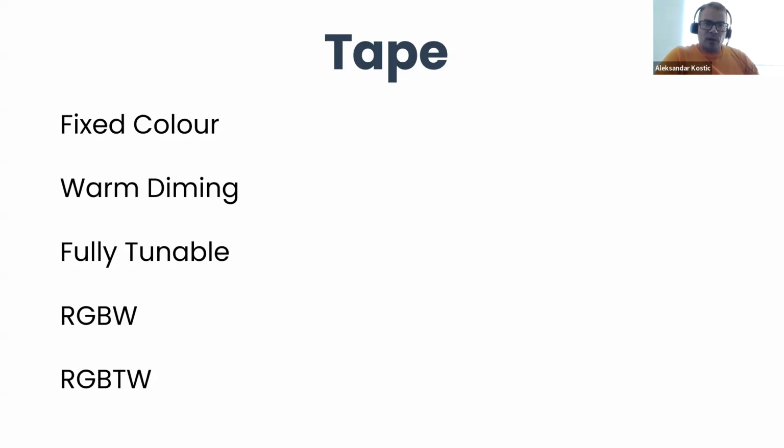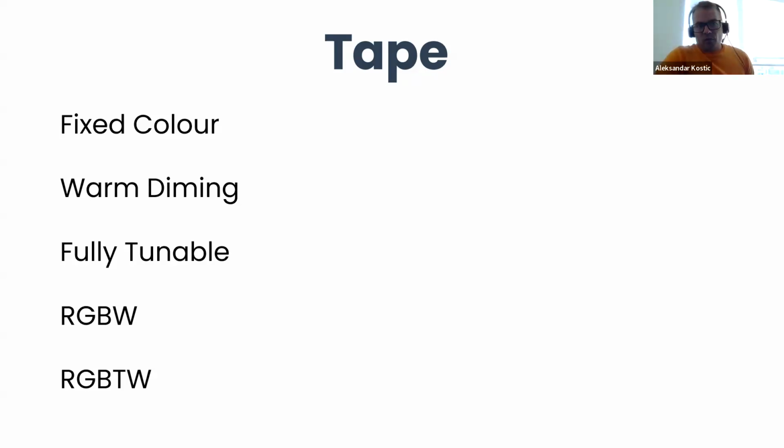Depending on how many parameters we can change on the LED tape, each LED tape has a different number of channels in order to be fully controlled. So RGB tunable white would require 5 channels, while fixed color and warm dimming would require only a single channel.